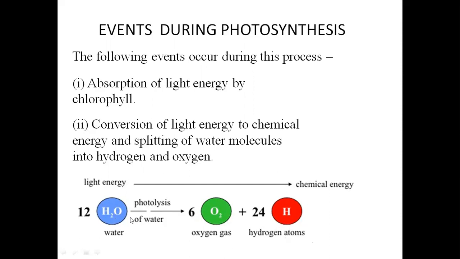So the water molecule breaks into oxygen gas and hydrogen atoms. This oxygen gas so formed is released out of the leaf as a byproduct, and this is the same oxygen which we get from plants as our respiratory gas. So these two things happen during the process of photosynthesis with the help of light energy.